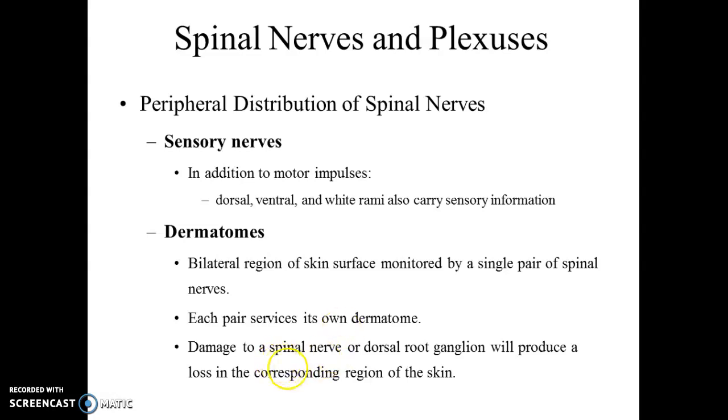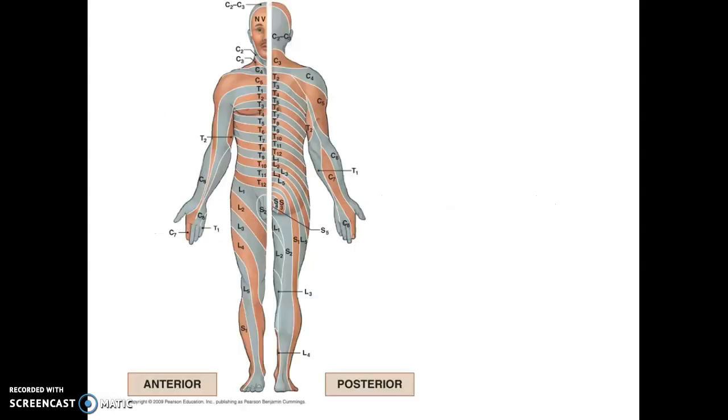Damage to a spinal nerve or dorsal root ganglion will produce loss in the corresponding region of the skin. So these are sensory areas of your skin that are supplied very specifically by bilateral regions. A single pair of spinal nerves will go on right and left, and it looks like this.